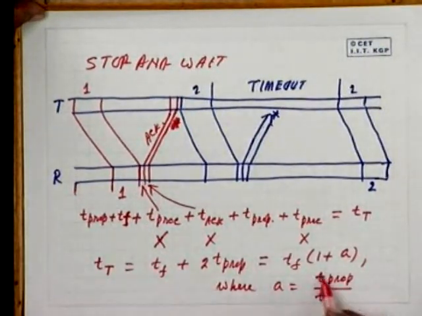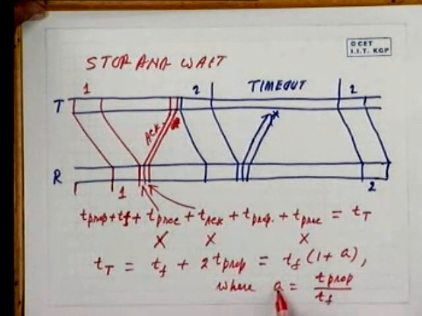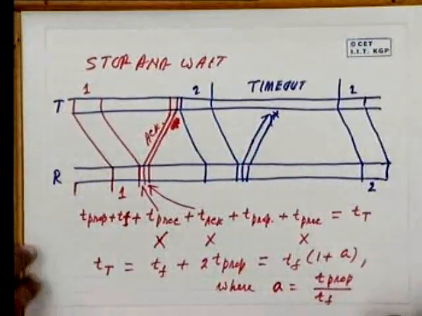This is a very important parameter, propagation delay by frame transmission time, and this is defined as A. Later on we shall see how it is important in data communication.